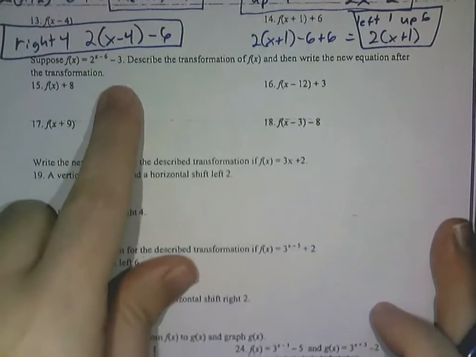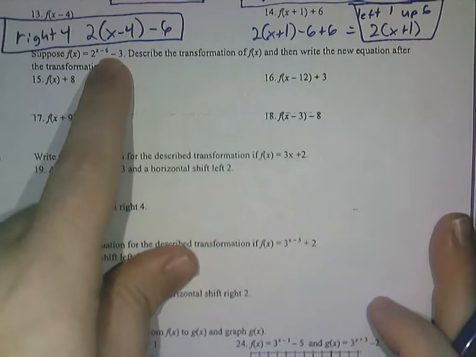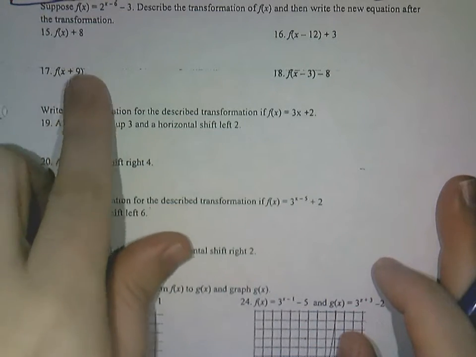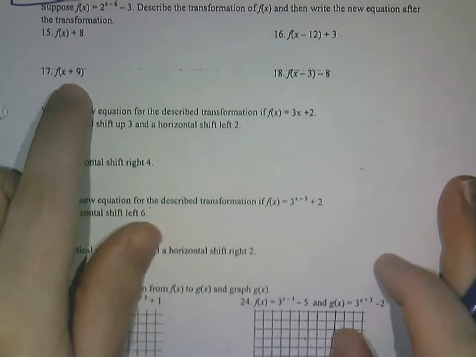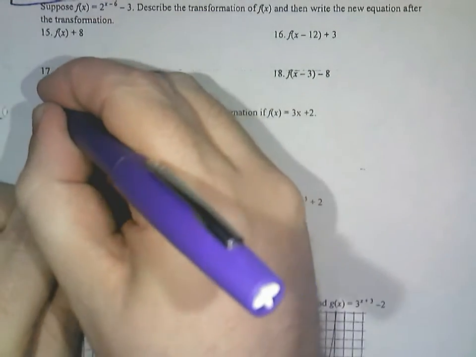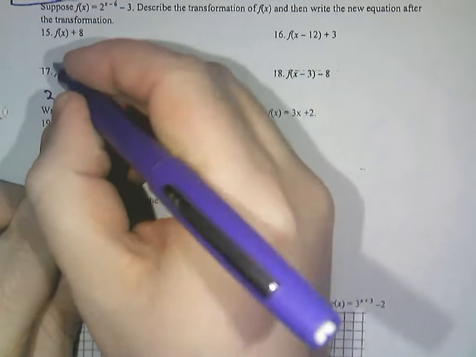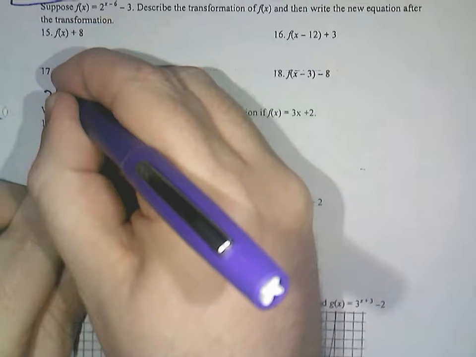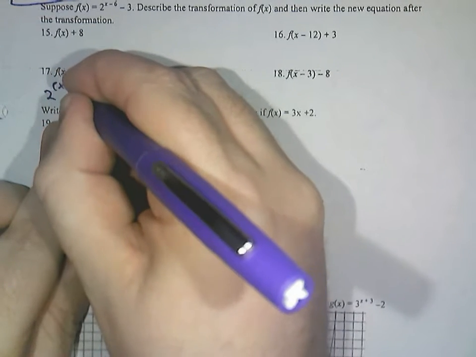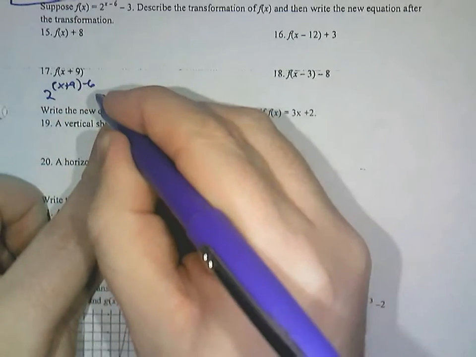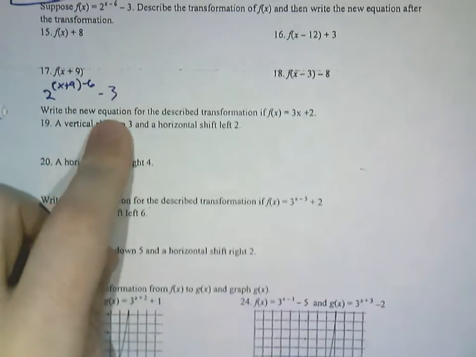Again, my original equation is 2 to the x minus 6. If I substitute this in where the x is, it would become 2 to the (x plus 9) minus 6, and then I still have this minus 3.